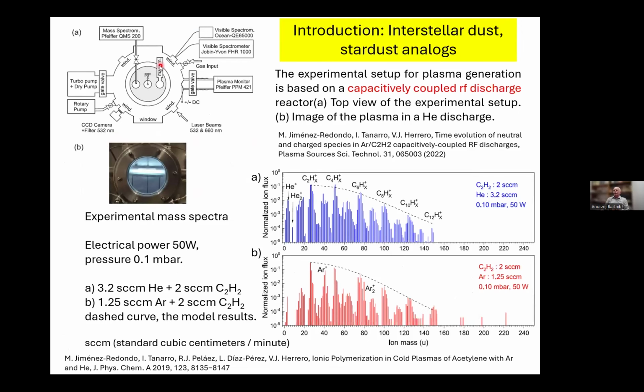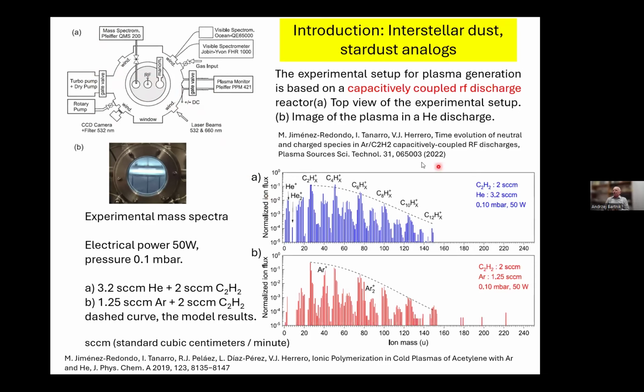So this is an example of such a plasma chamber equipped with, let's say, a variety of instruments that allow for detection of such large carbon molecules.